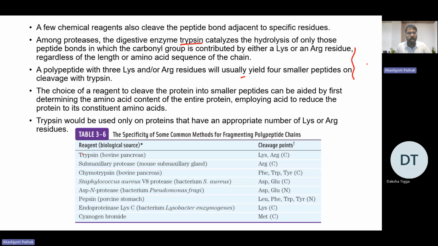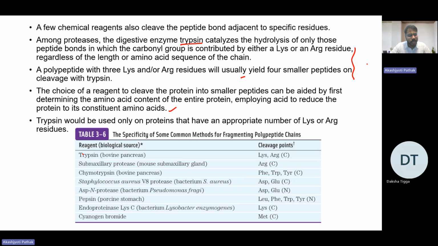Now the choice of a reagent to cleave the protein into smaller peptides can be aided by first determining the amino acid content of the entire protein, employing acid to reduce the protein to its constituent amino acids. Mainly this is required when you want to do some mass spectrometry experiments.